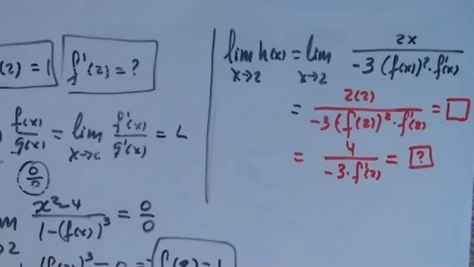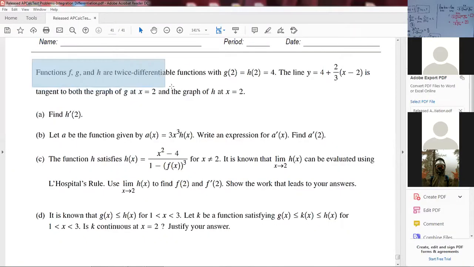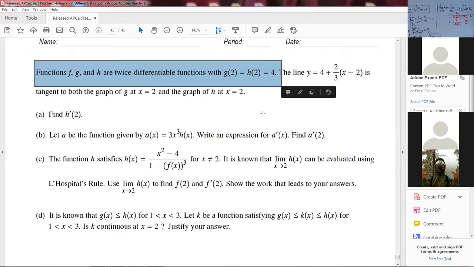No. It's a difficult problem because you have to go to the thing. But let's see what the problem says. We have to read the problem again. Okay. The functions are twice differentiable and h of 2 is 4.